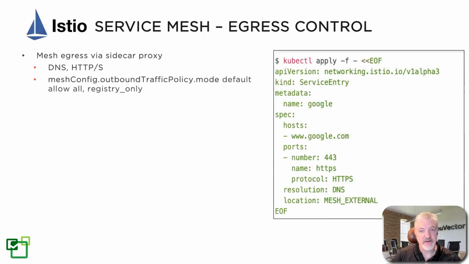Istio, so very popular service mesh. Why are we using a service mesh? I'm not even going to talk about what it is. It's basically a network overlay, right? Istio and service meshes typically use sidecars. Sidecars are usually associated with a container. So every container within the cluster has a sidecar.